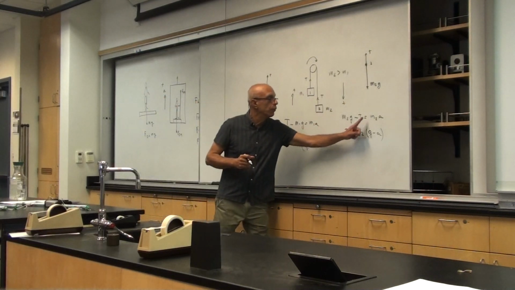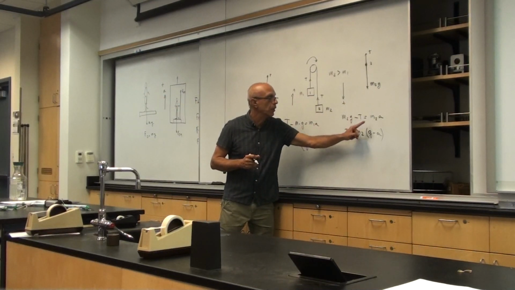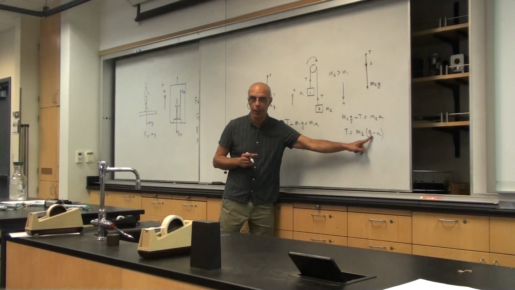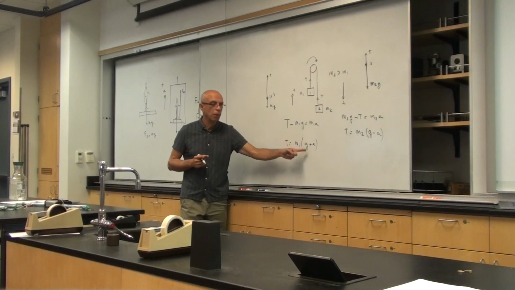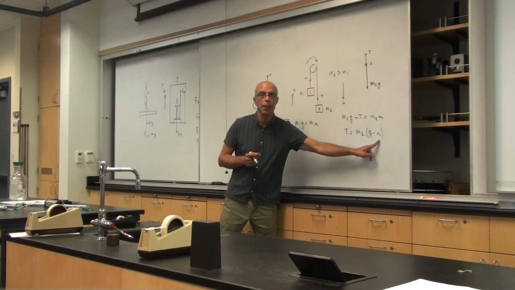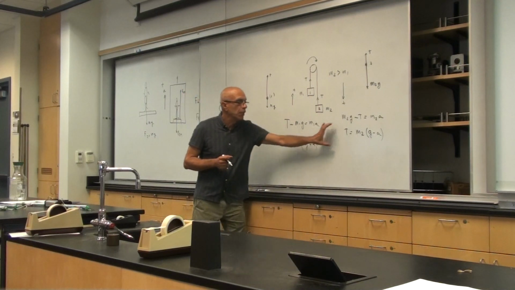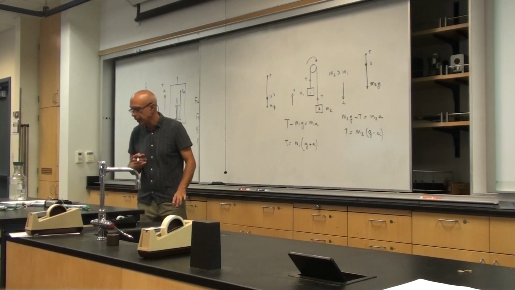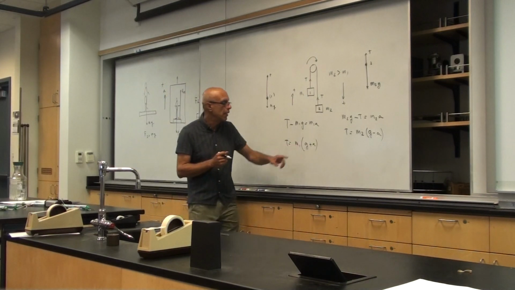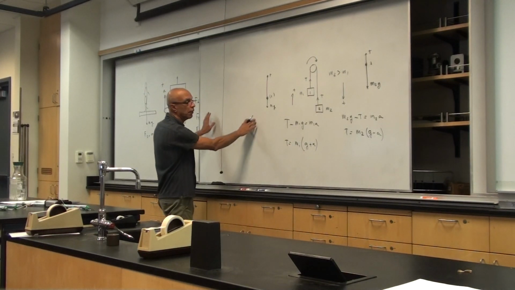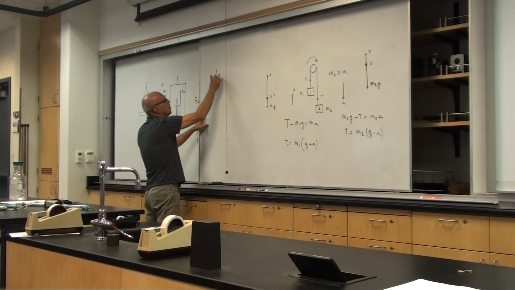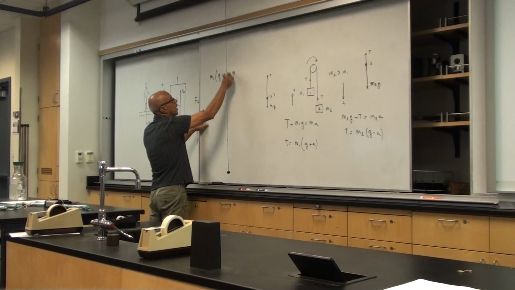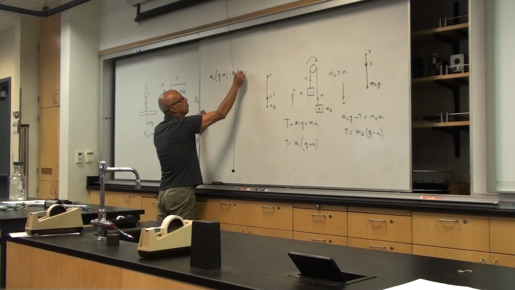So T moves to the other side, becomes positive. This comes to this side, becomes negative, okay? And here, m1 goes to the other side, becomes positive. You have here g plus a, and here you have g minus a. So when I make this equal to that, let's see if I can calculate a. So I have m1 (g plus a) equals m2 (g minus a).